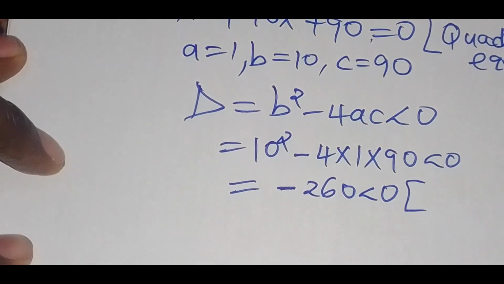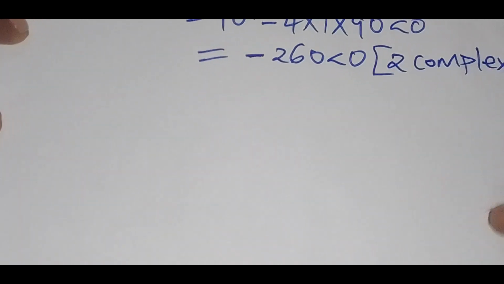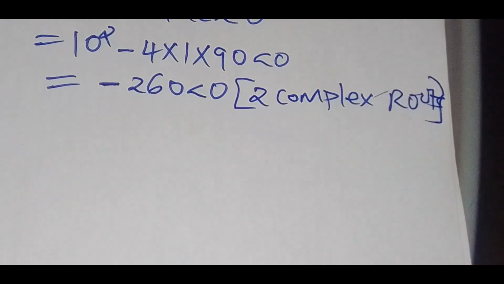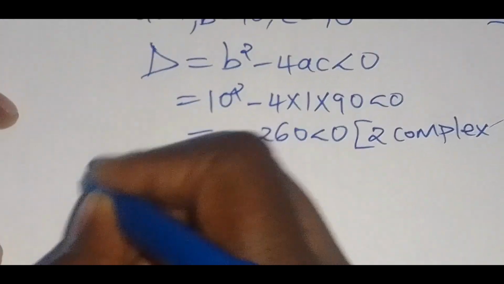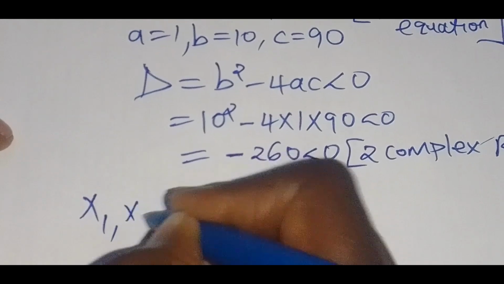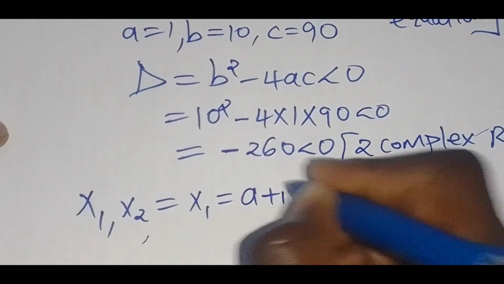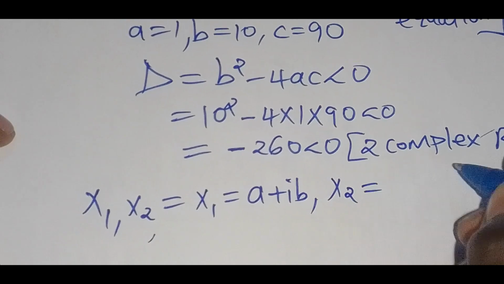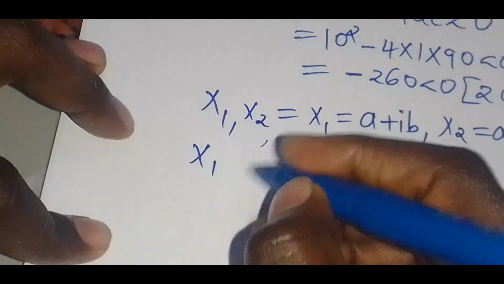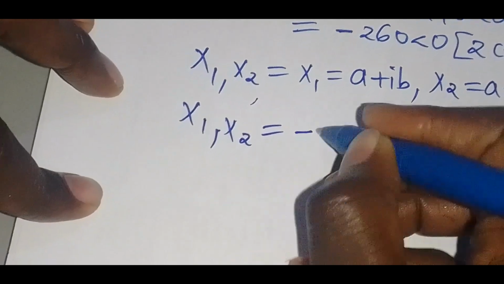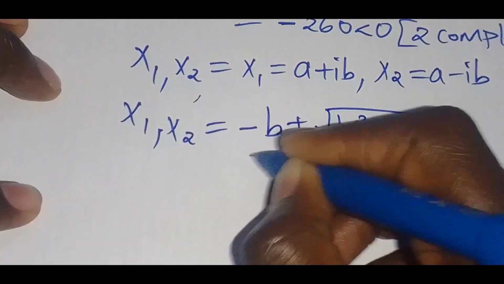That means we have two complex roots, or rather two imaginary roots, expressed in the form x1 equal to a plus ib and x2 equal to a minus ib. These are calculated using the quadratic formula: x equals minus b plus or minus the square root of b squared minus 4ac, over 2a.